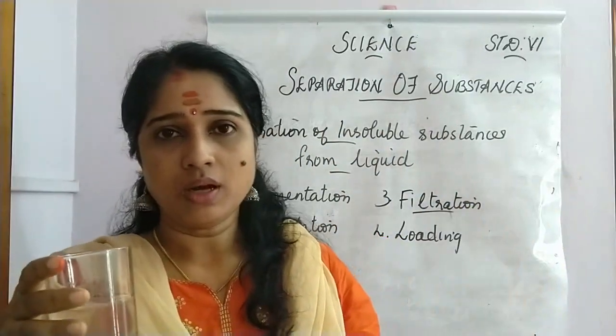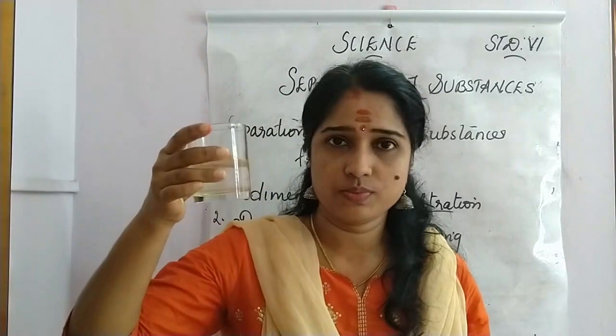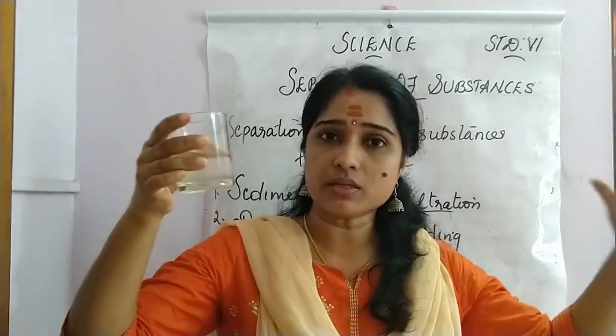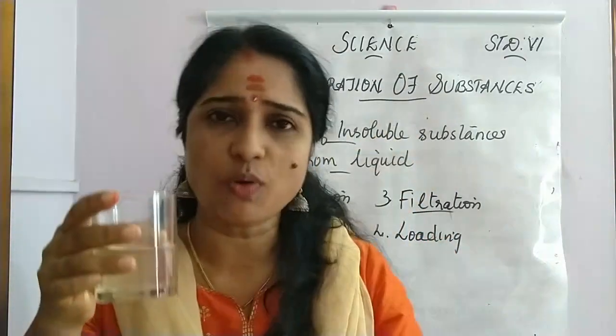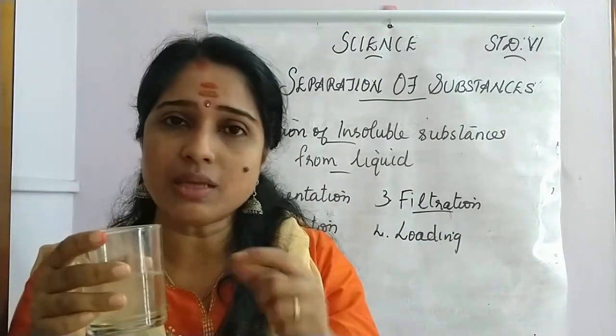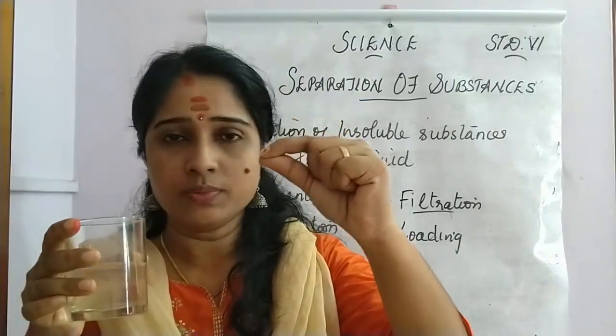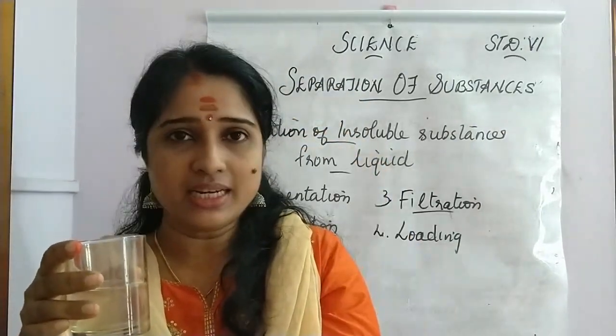So what happened? I cannot use that filter again, and the water will not get purified either. I cannot use the big filters because the dust particles are very, very small. When I use the small filters, sometimes the dust particles can block the holes. So I will not get clean water.